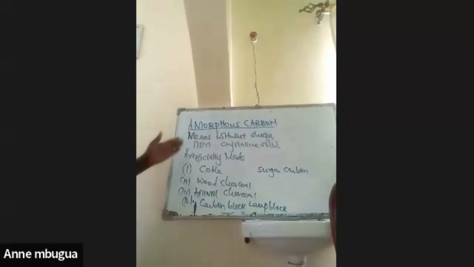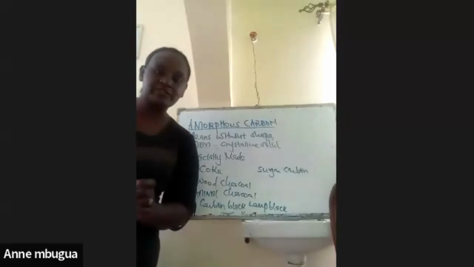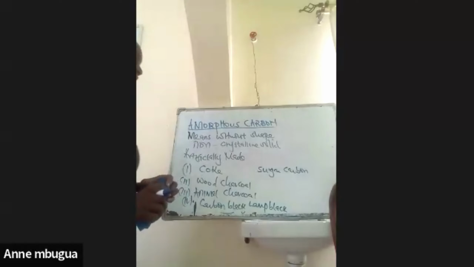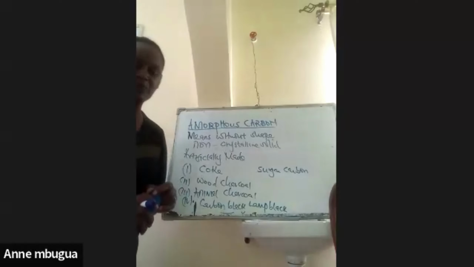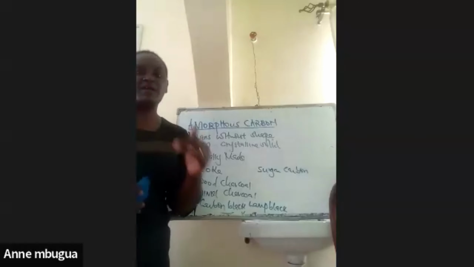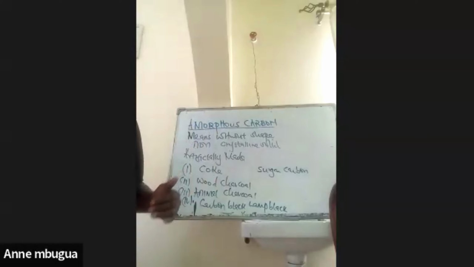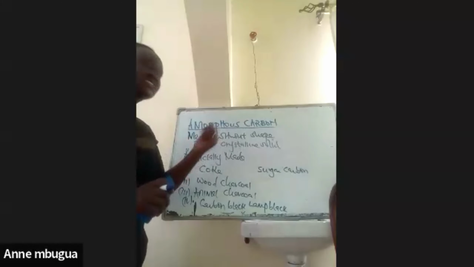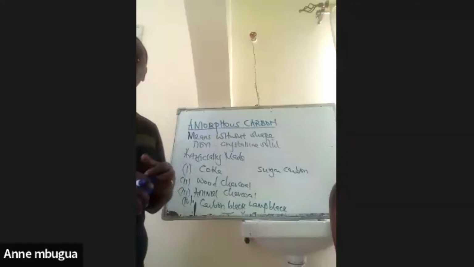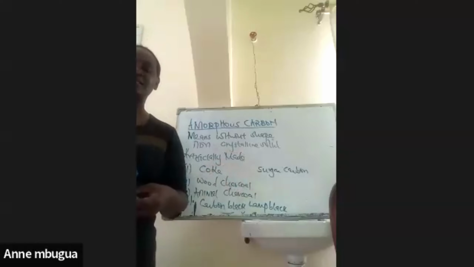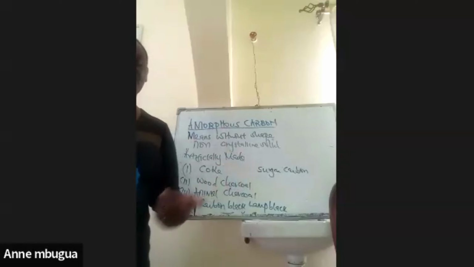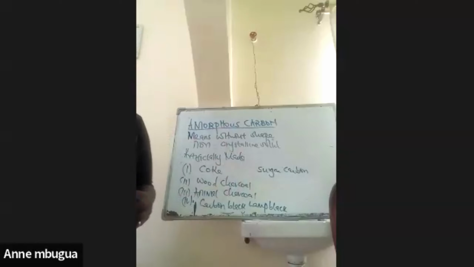So these are the amorphous forms of carbon: coke, wood charcoal, animal charcoal, carbon black or lamp black, and sugar carbon. I'm going to discuss each one of them at a time, on how it is artificially made, because they do not occur naturally, and their uses.